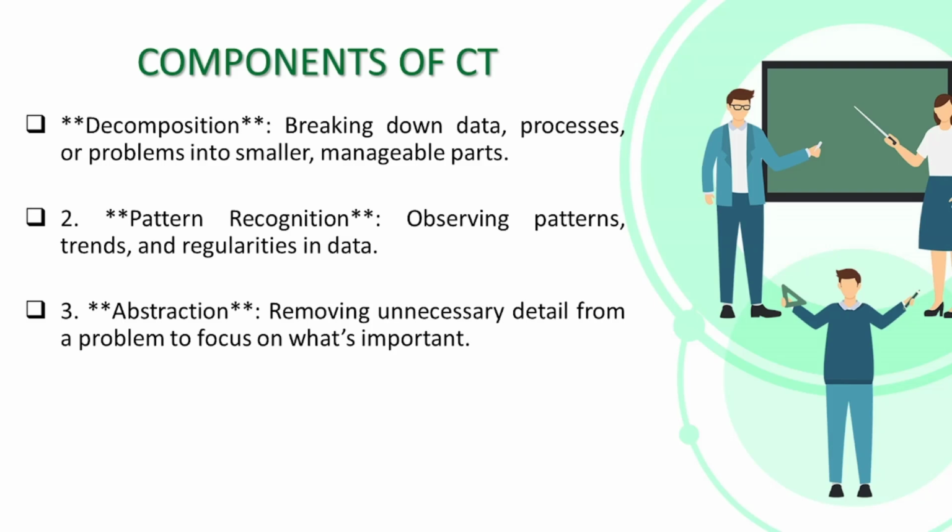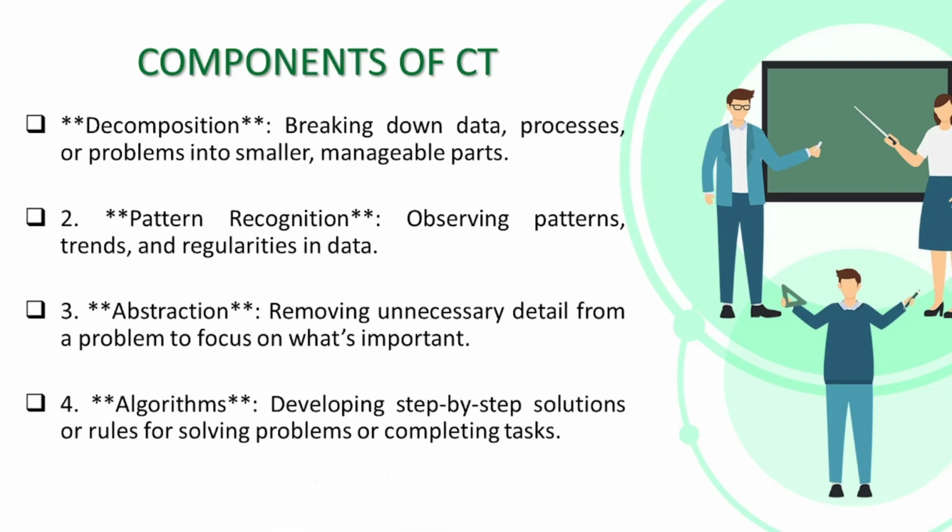So that is abstraction in computing. Then the fourth is algorithm. Developing step-by-step solutions or rules for solving problems or completing tasks, which of course is the most popularly used component of computational thinking, as we are going to be using it in problem solving.